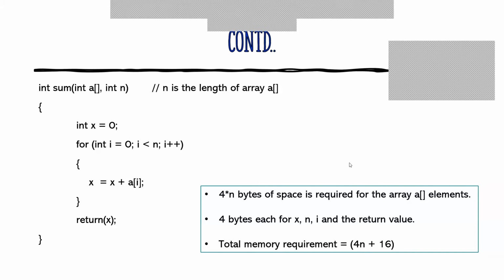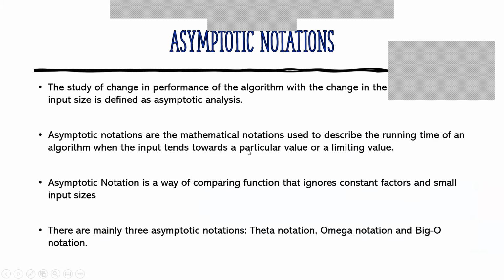Since I have mentioned only n, right now it's just 4n bytes of space required by array A. You got it, how it is 4, because int type is 4 and n will depend on the size of the array.